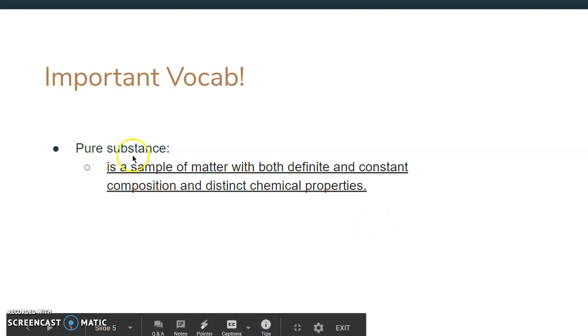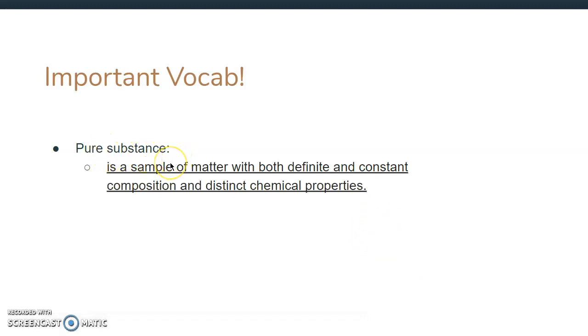I would love for you guys to write these down in your notebook as you watch the video. So the definition of a pure substance is a sample of matter with both definite and constant composition and distinct chemical properties. Some of these words are kind of big. A sample of matter with both definite.